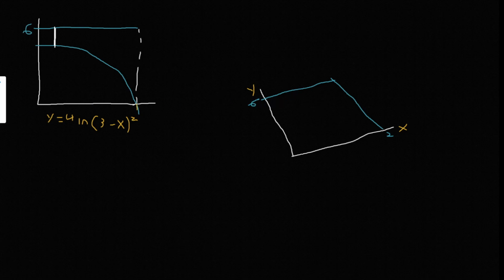And so we can kind of graph this function again, like that. And so if we wanted the cross section right here, we could do that. And so we want to sometimes find the volume with a square cross section. So let's draw a square cross section right here.